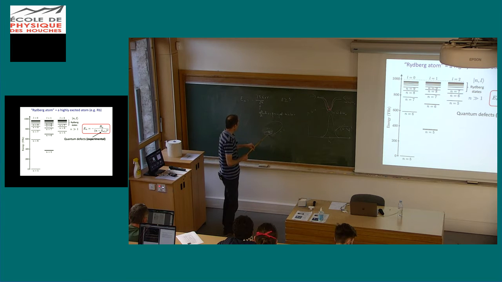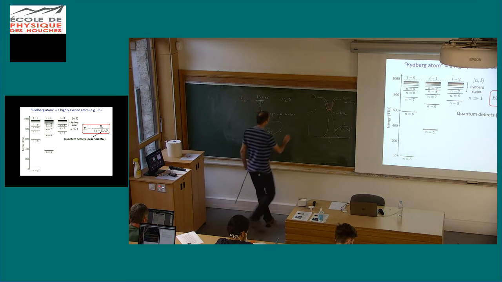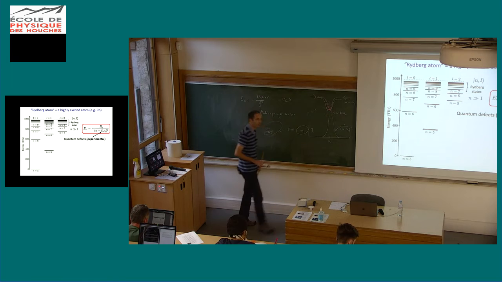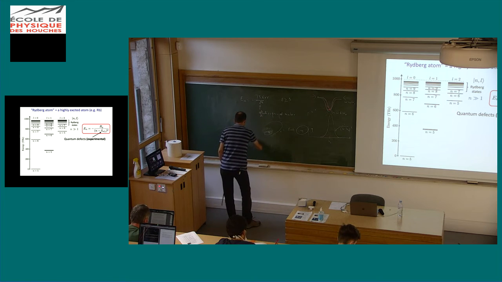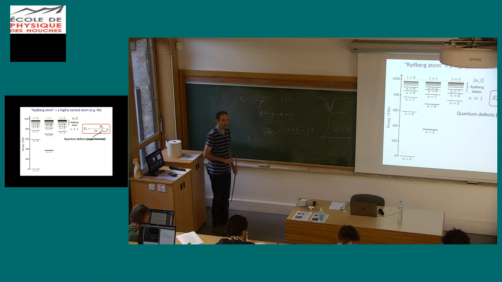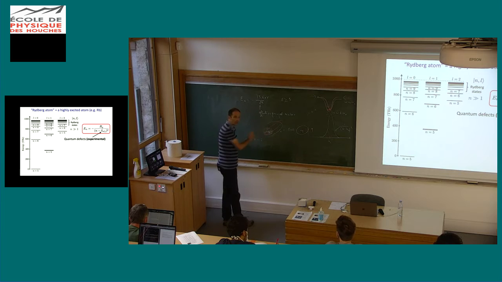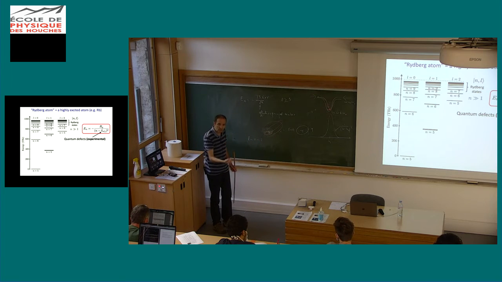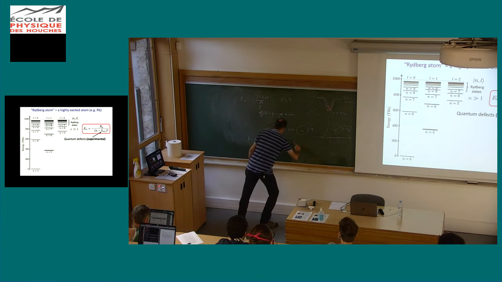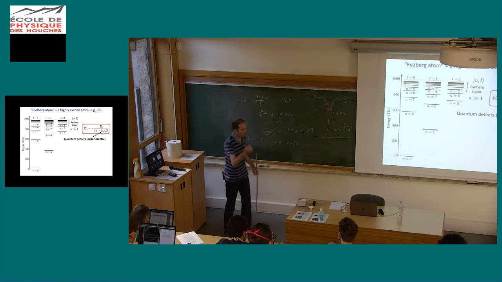Therefore the inner electronic core completely shields the nucleus, so it's equivalent to a plus q with a minus q around. If l is between 0 and 2 typically, some trajectories enter the core, and the screening by the inner electrons is not perfect. So it makes the electron a bit more tightly bound, and therefore you need to change n to n minus delta l, a quantity which depends on the atom.